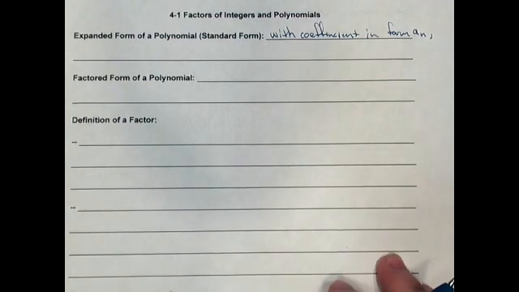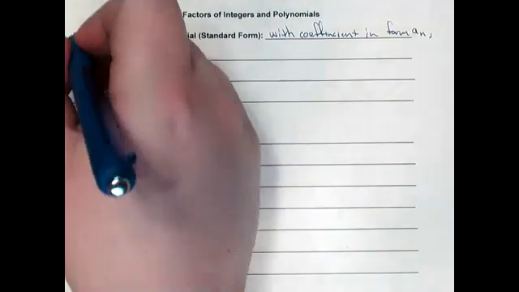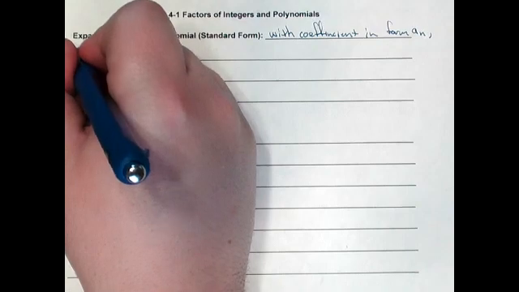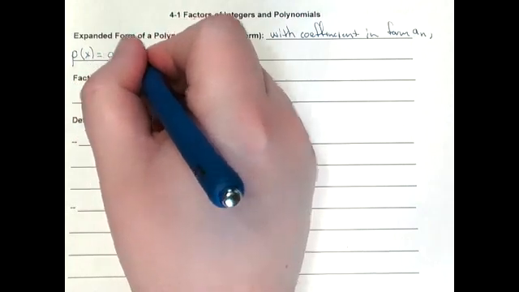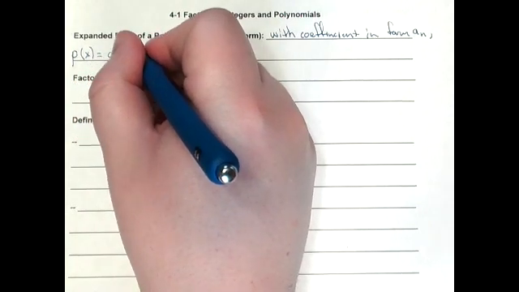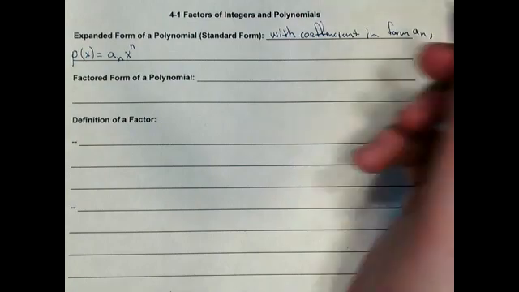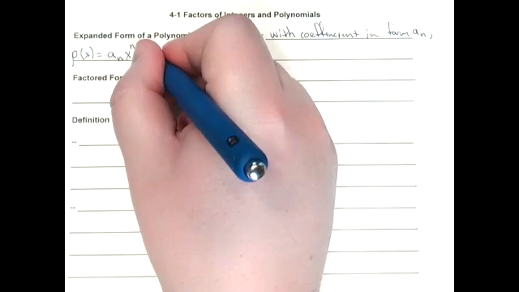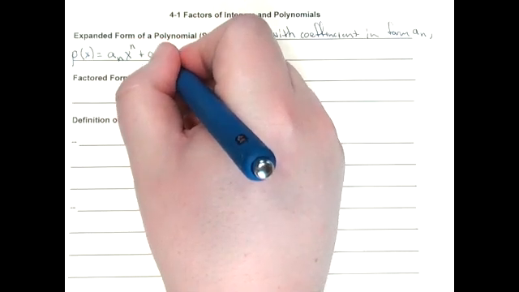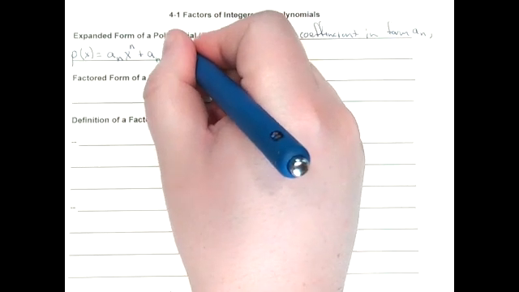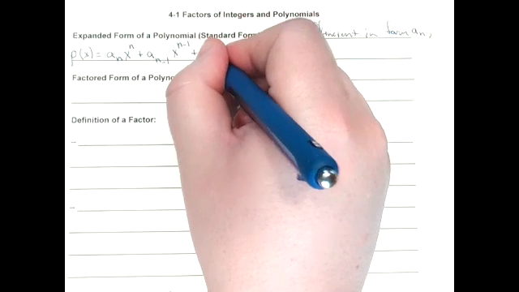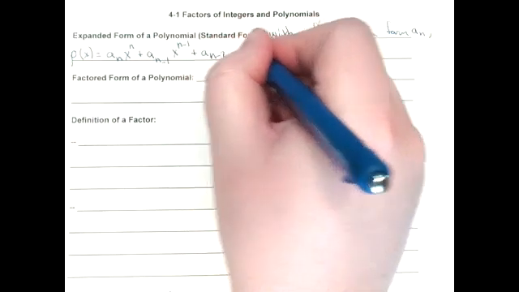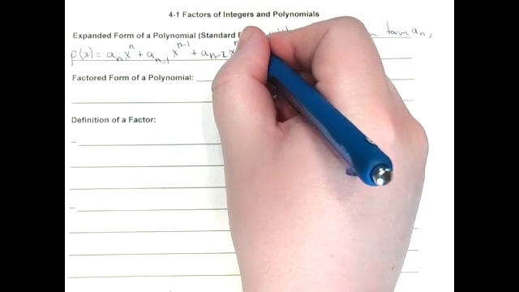So the standard form of a polynomial, we're going to say p of x first. P of x equals a sub n x to the power of n, just being a term, plus a sub n minus 1 x to the power of n minus 1, plus a sub n minus 2 x to the power of n minus 2.